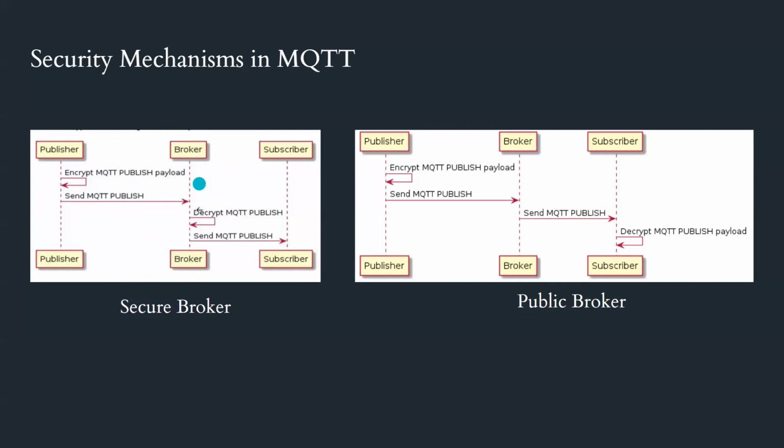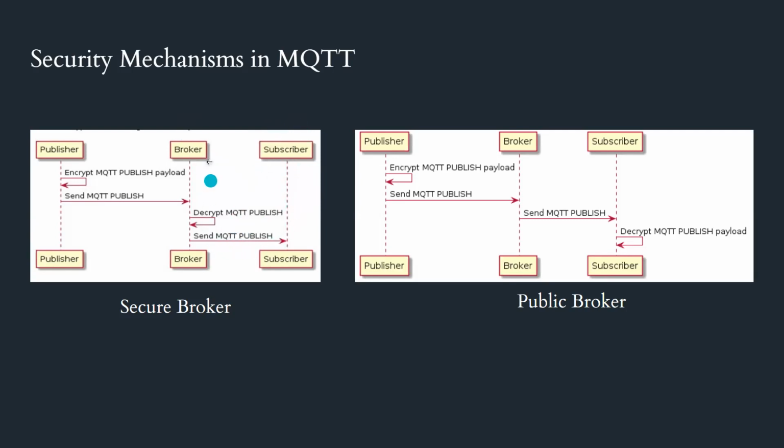The broker will decrypt the data and send it to the subscriber. The broker can either encrypt the data again, or if the broker has full understanding of the subscriber, it can send the data directly to the subscriber.